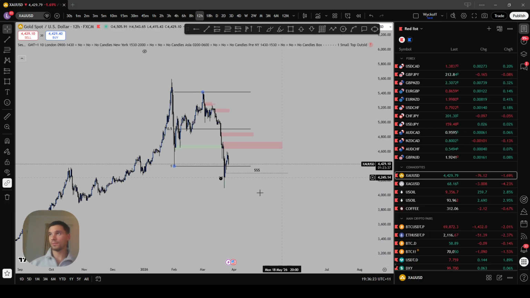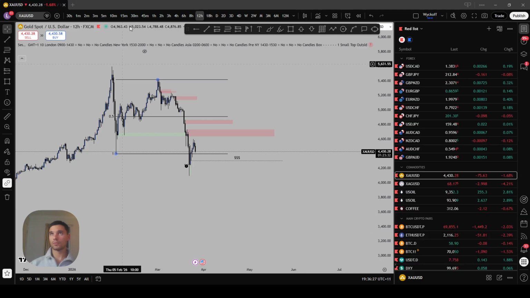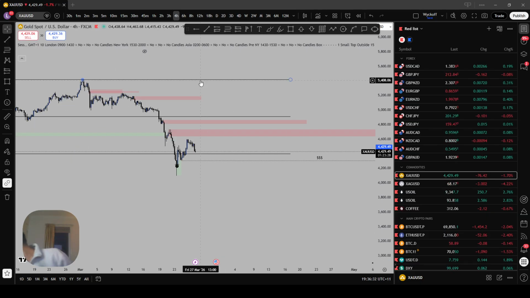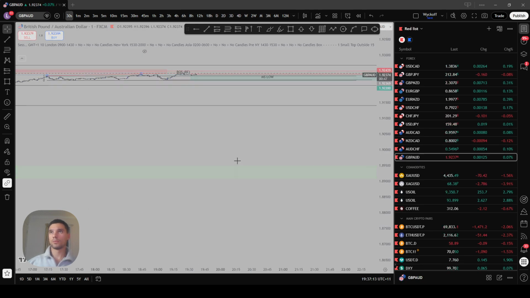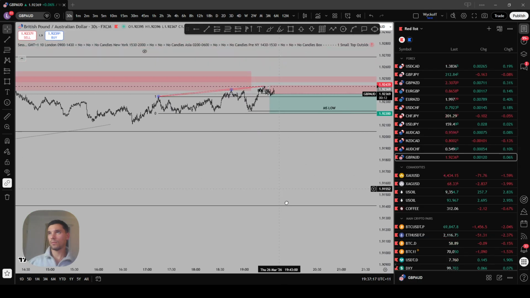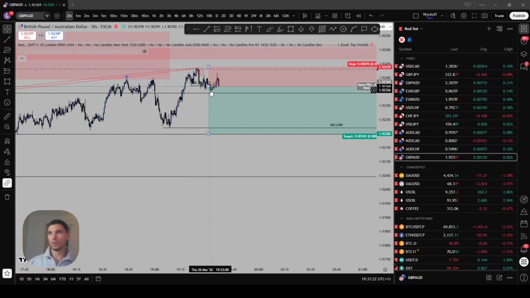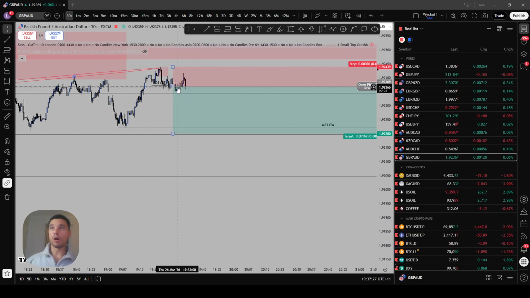We are still in this accumulation. We have created a very nice local return to zone, which you would hope to get wiped out.